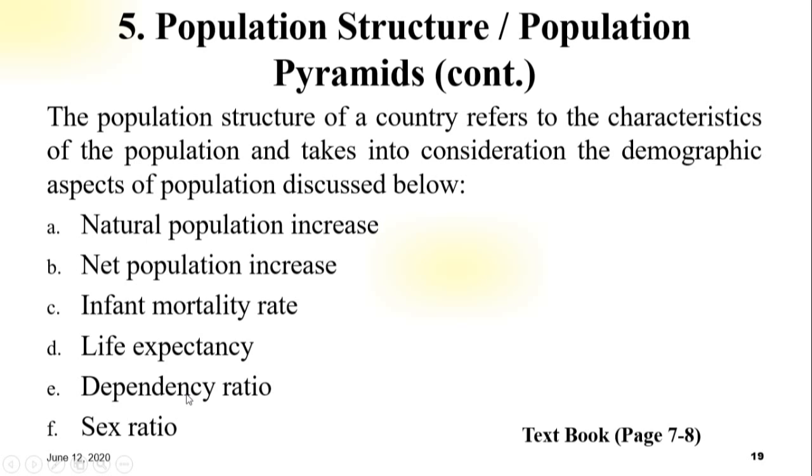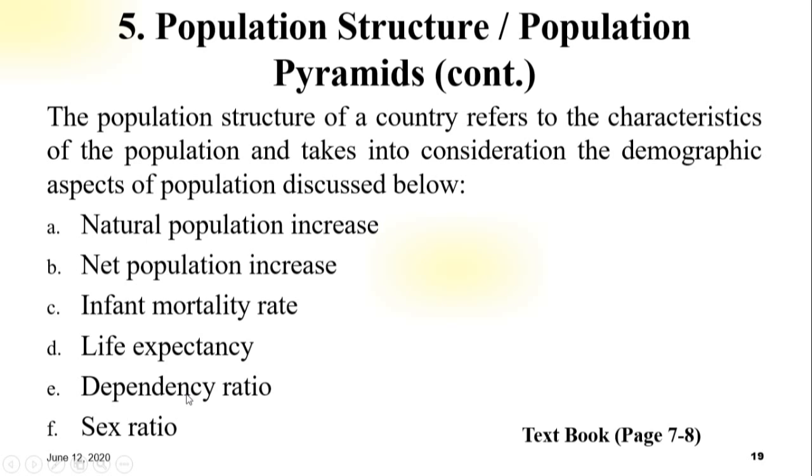Second, net population increase. The third, infant mortality rate. This point has a formula in the textbook. I will let all of you read and take note. If you don't understand, you can ask me.